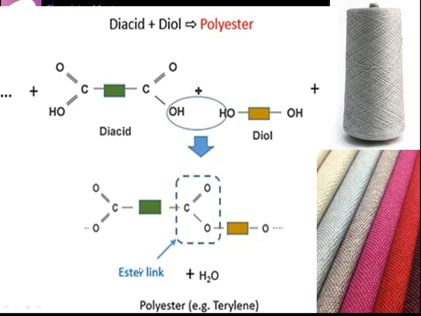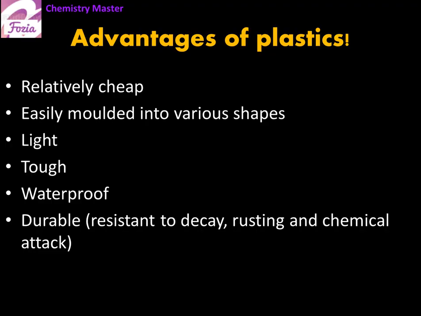Now we come to discuss the advantages of plastics. This is the era of technology and plastic, where plastics are in high demand because of their benefits, because of their properties, because they are relatively cheaper as compared to metal and leather, and they are easily molded into various shapes because of their lighter nature, because they are tough, they are waterproof, and they are durable.